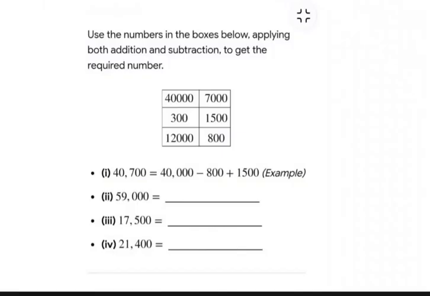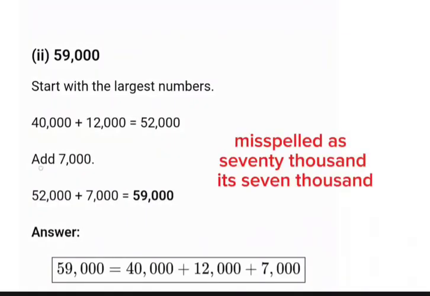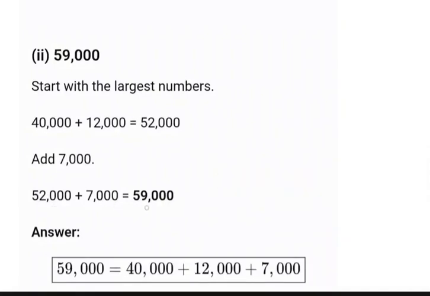So from the box, we can again add 7,000 from this box. So adding 7,000, we get the answer 52,000 plus 7,000. We get 59,000. Clear? So this is very easy. Just use your logic to find the answers.